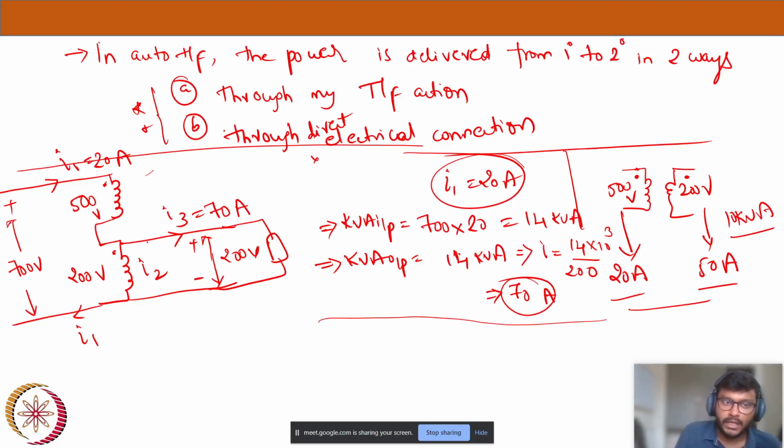Now it's just simple KCL. At this point, I have 20 amps. At this point, 70 amps is leaving. And what is the current I2 here? 50 ampere. Yeah, 50 amperes leaving or entering that node?